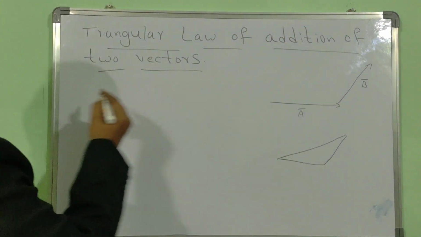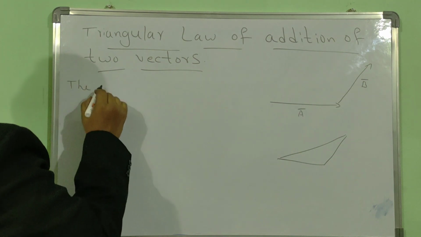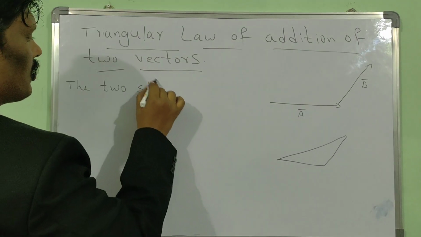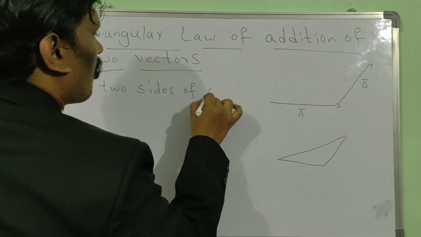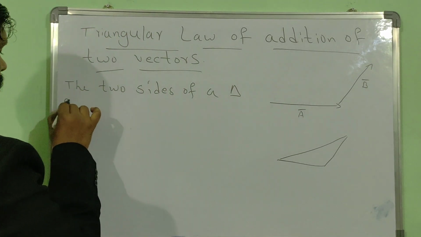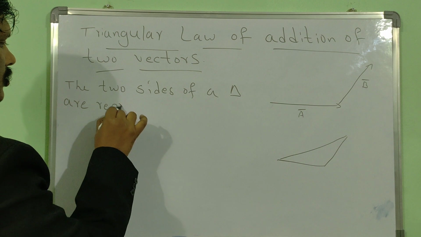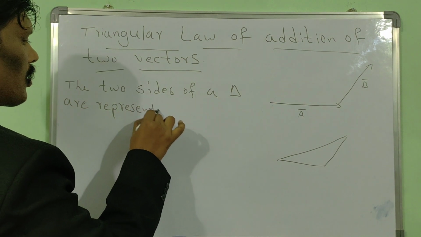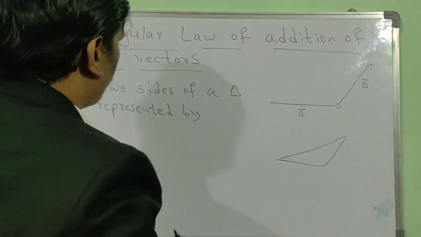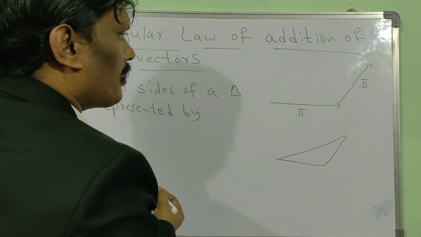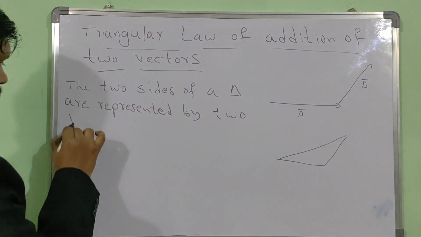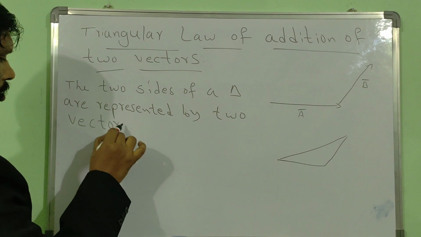Here I am going to consider the two sides of a triangle. The two sides of a triangle are represented by two vectors.